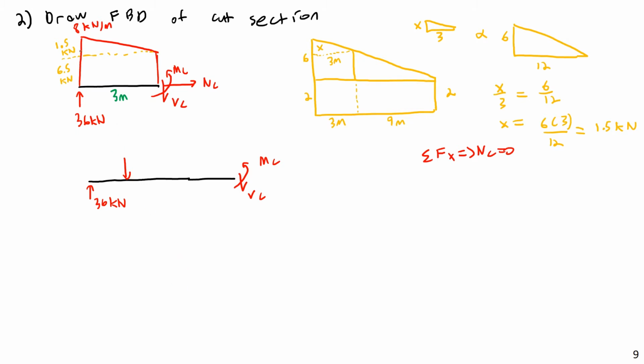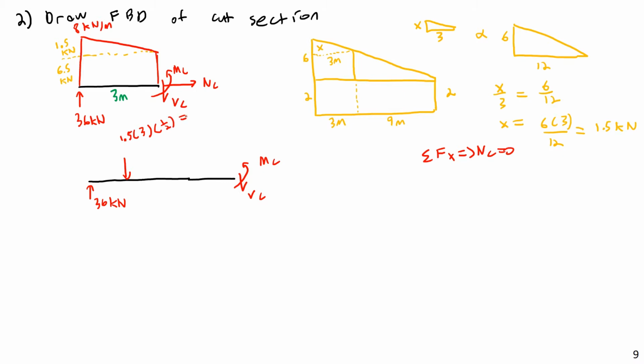So this triangle has a length of 3 meters, so 1/3 of that is 1 meter. And the magnitude of this is going to be 1/2 base times height, so that is 1.5 times the base, which is 3, times 1/2.